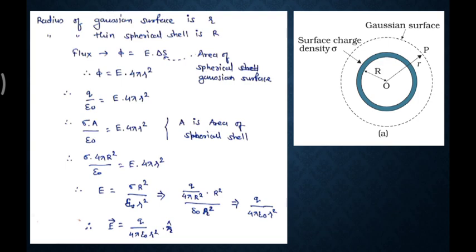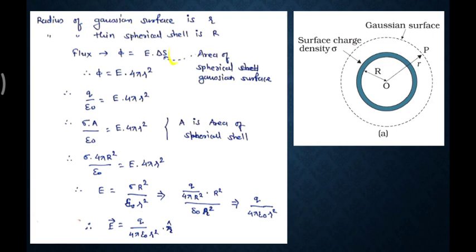Why? Because the spherical shell is generating this electric field, and the electric field passes through the Gaussian surface, where you are finding the flux. So delta S is the area element of the Gaussian surface, whose radius is small r.